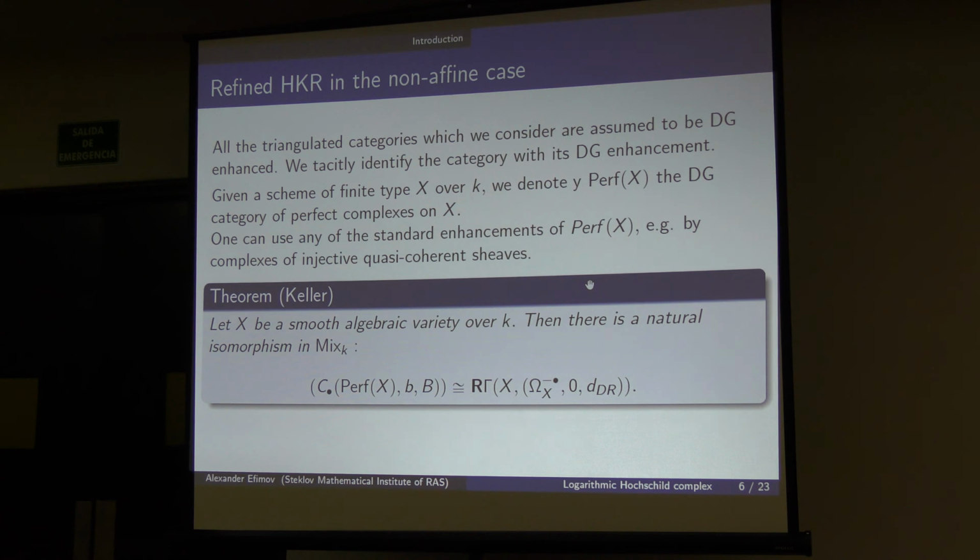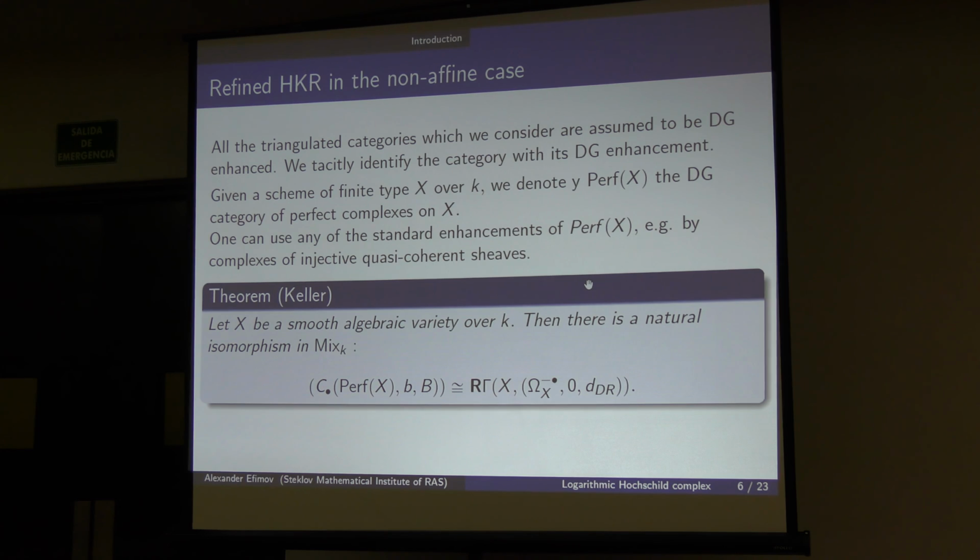We just take the sheaf of mixed complexes, and it's clear that you can define R gamma for them, and forwards and pullbacks. So in particular, we have such an identification.